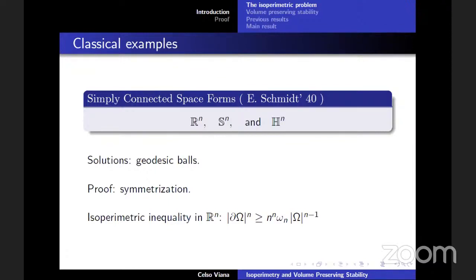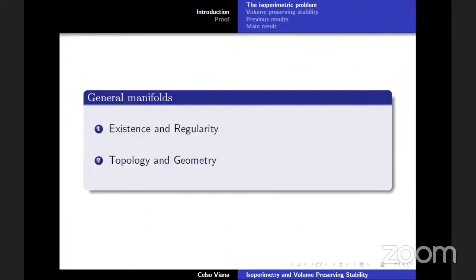If you want to consider this problem in a general Riemannian manifold, of course we don't have enough symmetries that you can use to characterize the solutions. That's one of the reasons why this problem is very difficult in general. So in that case, we divide the problem into two aspects.